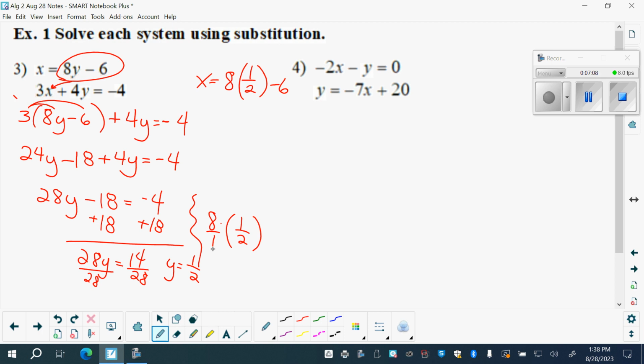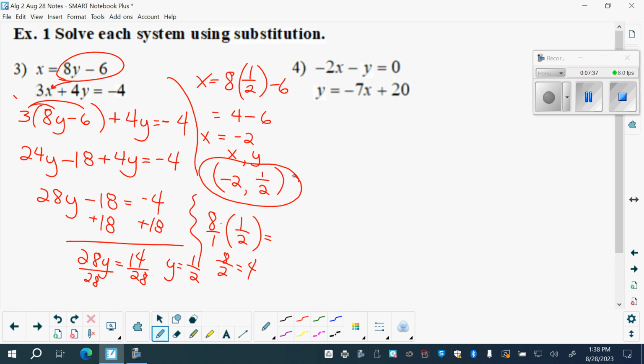So 8 times 1 is 8. 1 times 2 is 2. 8 over 2 is 4. So we have 4 minus 6, which is -2. When I write my point, remember you want to put x then y. So I put the x first, -2, and then the y, which is 1/2. And so my expectation is that you will write your answers as a point today.